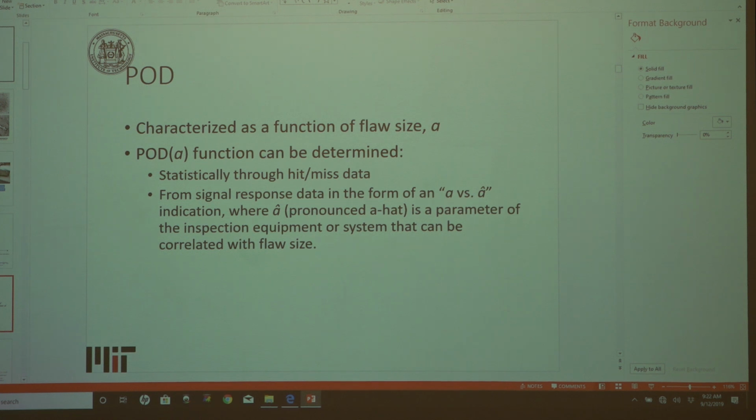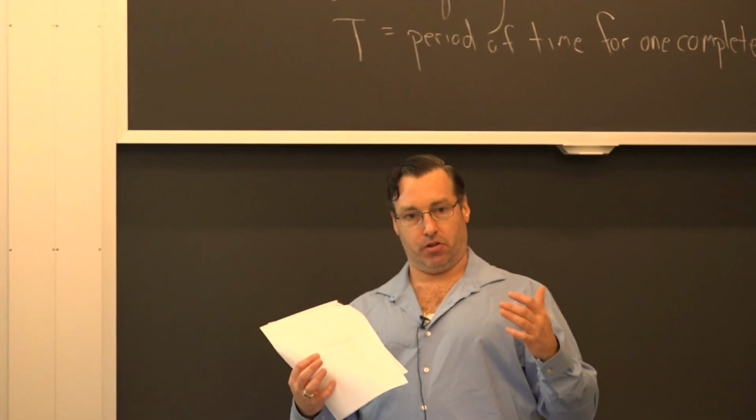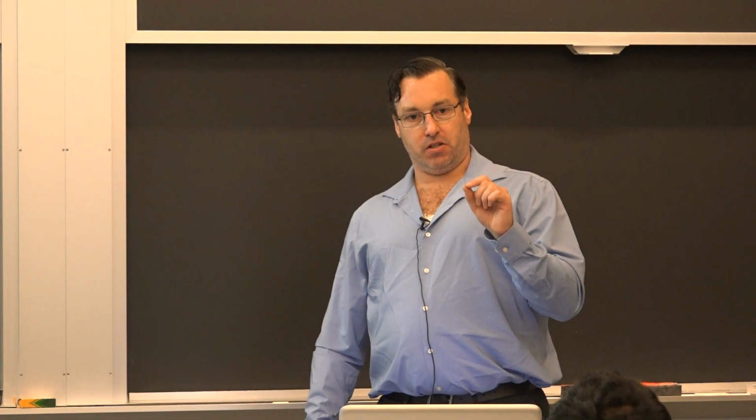Why is it not just geometric? Because a crack is a crack. Well, it's not, because it depends on whether you're looking for a surface flaw or a subsurface flaw. When we talk about the eddy current technique in one of the later lectures, it is specifically applicable to surface and near-surface cracks that break through the surface, and those are very small sizes.